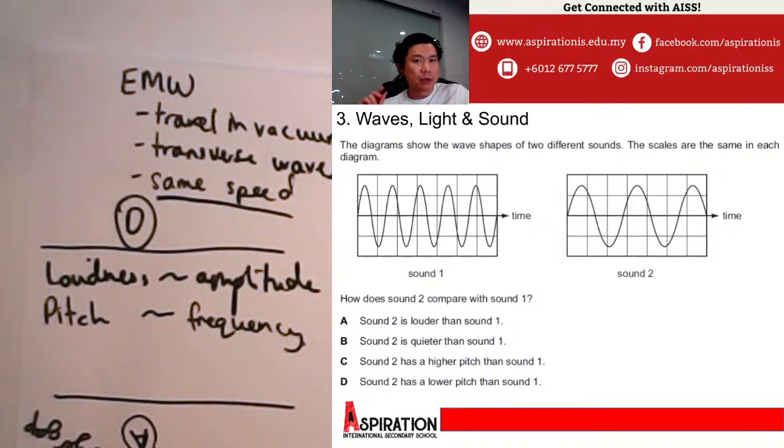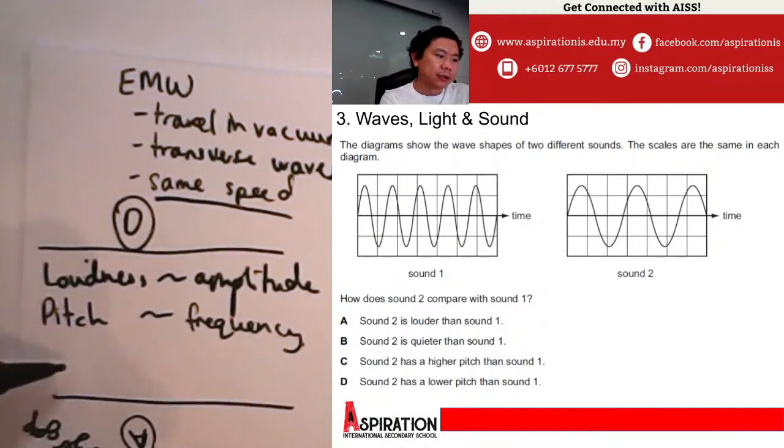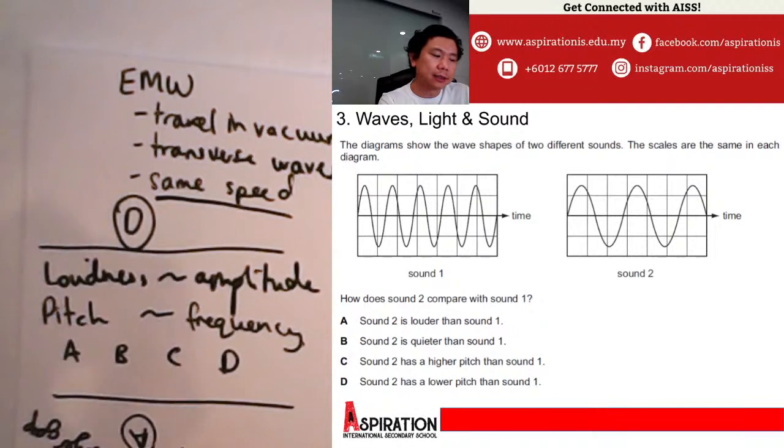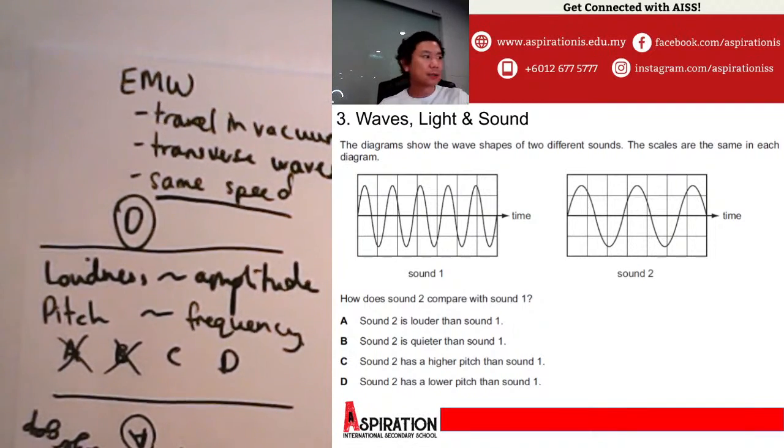Yes, you guys are right. Amplitude stays the same, so the loudness stays the same for this question. Since the loudness stays the same, automatically we know that the answer is either cat or donkey, and Jared has selected donkey. So between sound 1 and sound 2, you are right, Jared.